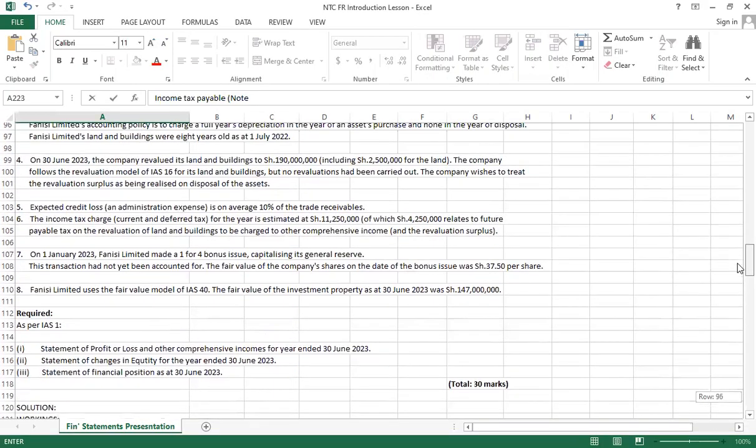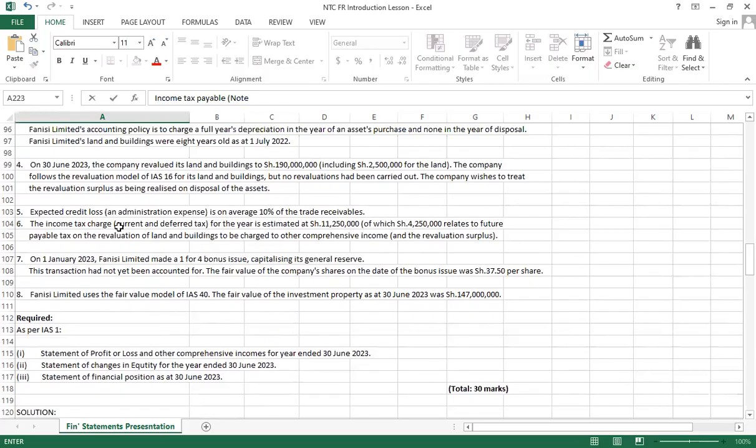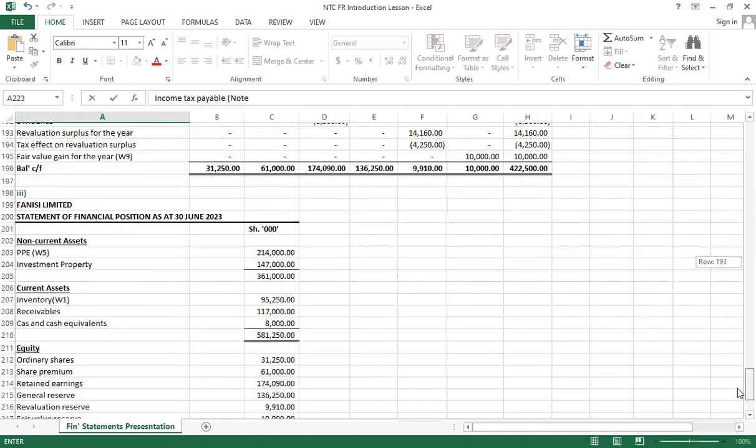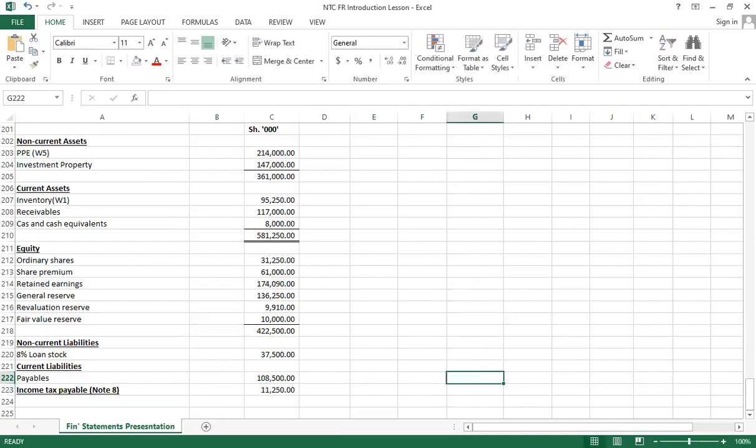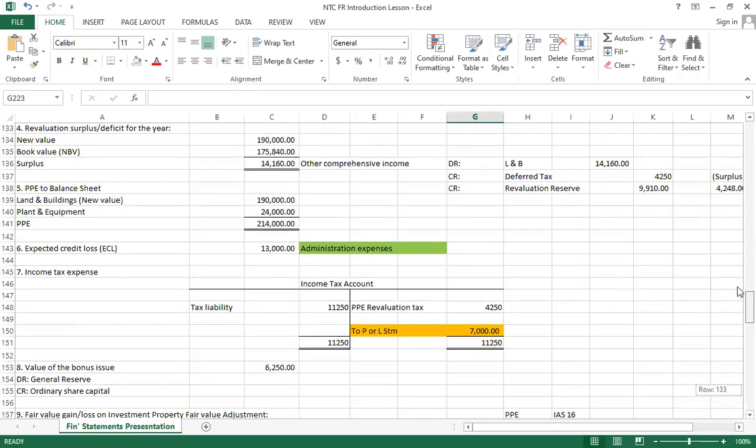In note number 6, we were told the income tax charge, current and deferred, for the year is estimated at 11,250. So the whole of the 11,250 is a liability.